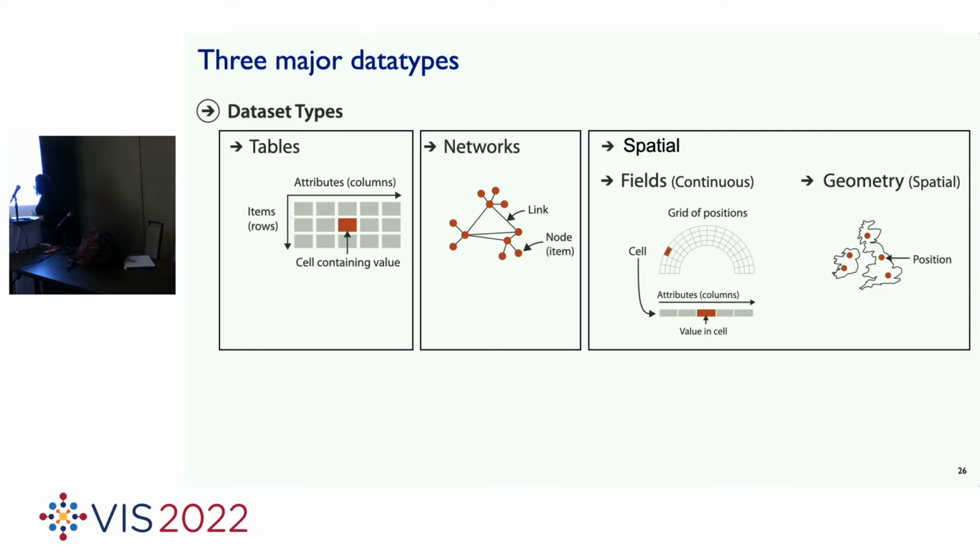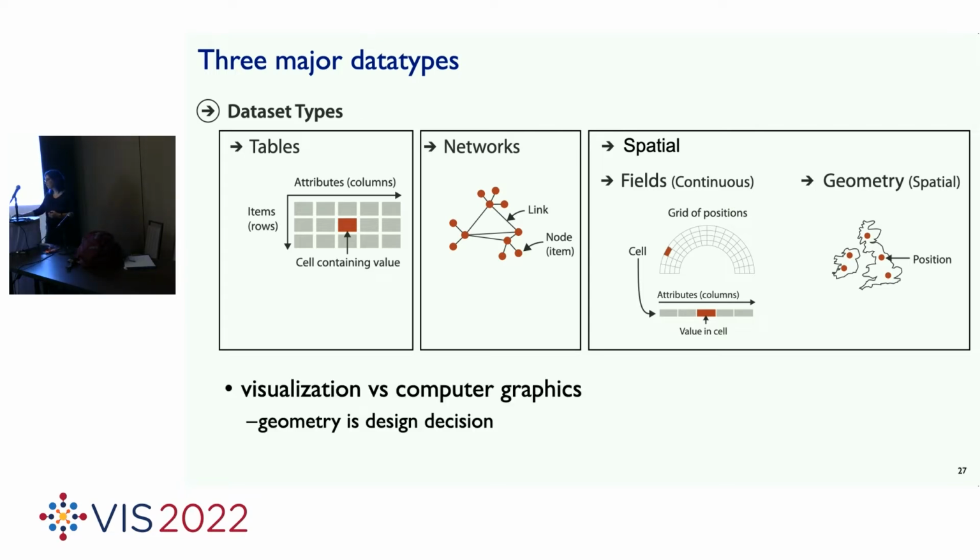Sometimes we even go so far as to say, maybe we actually have purely geometric data, things like the outline of a country. That might be something where we do need to actually incorporate that geometry. Now, a key point is this is starting to sound a bit like computer graphics, if, after all, what we're doing is making pictures of things. What's the difference between graphics and visualization?